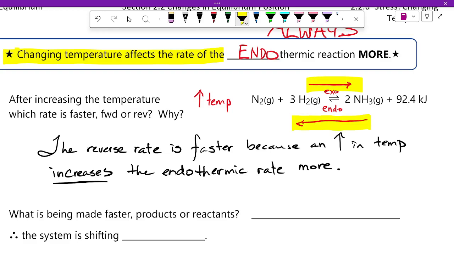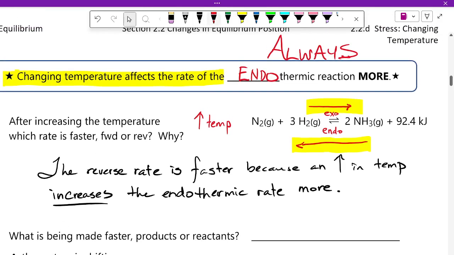Product, oh, sorry, yes. Okay, so both rates get faster because the particles are colliding more, yes? The reverse rate is endothermic, and endothermic reactions are affected more by a change in temperature.